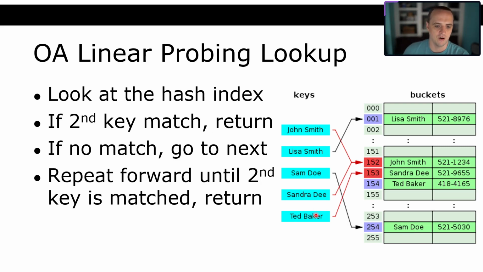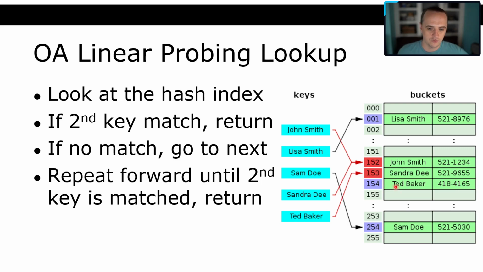But let's say now we want to look up Ted Baker's information, right? Okay, so we hash Ted Baker, we find 153. We look up in 153, and just as an example, we're using the name as a secondary hash. So we say, does Ted Baker match the name here in the phone book? No, it doesn't. So we're going to look one forward until we do find Ted Baker.